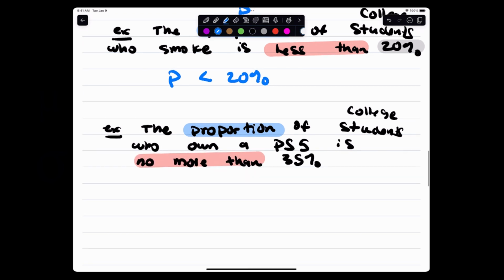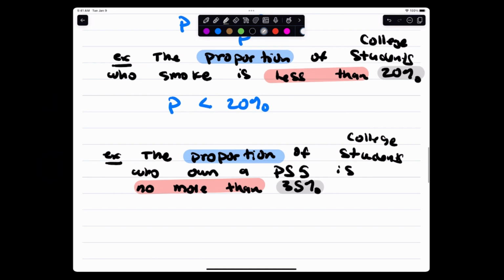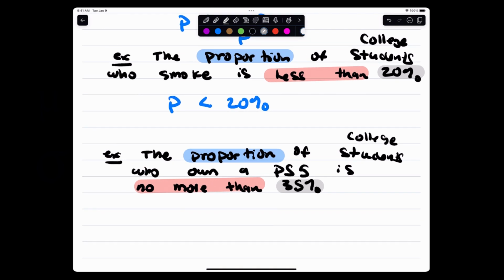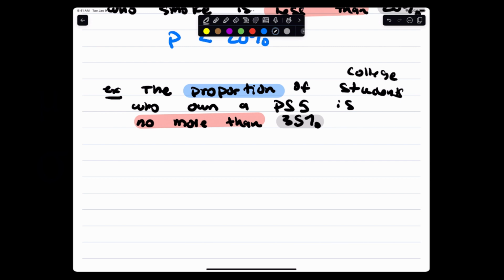You guys already know, we've been working with the language for a long time. You've had it from the first week. Week 1, this is what I keep saying. I've gone over the language over and over again for you. And the parameter for proportion is going to be what? P and 35%. What do you think no more than actually is?